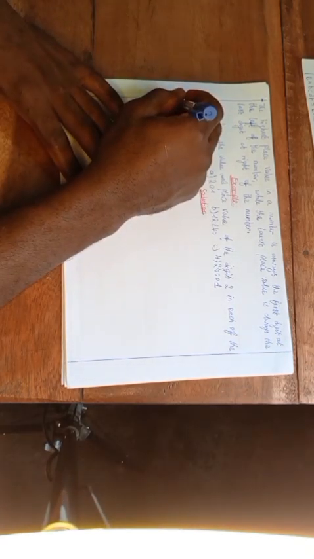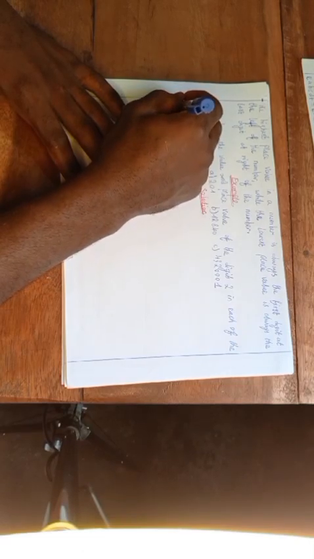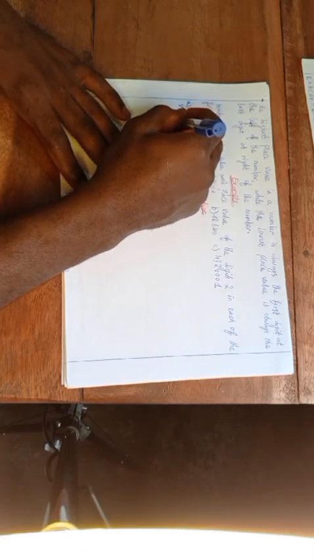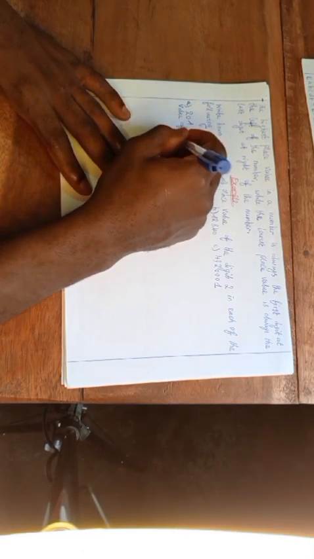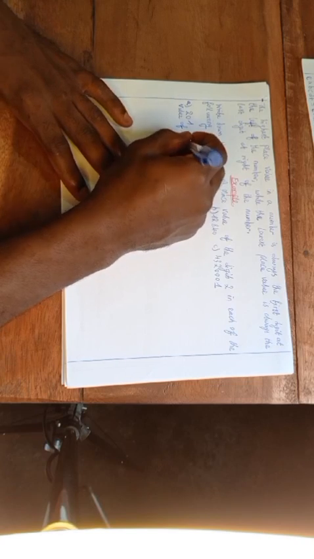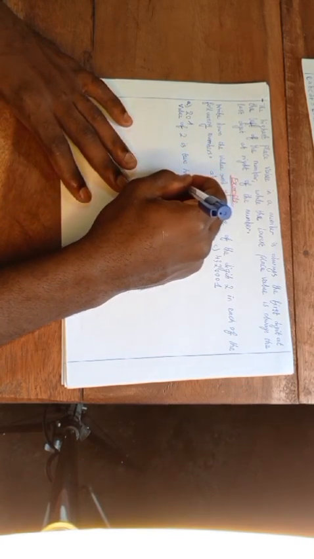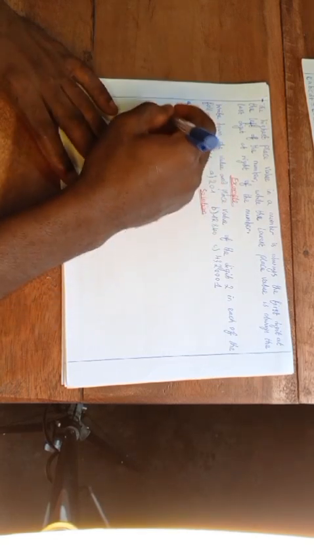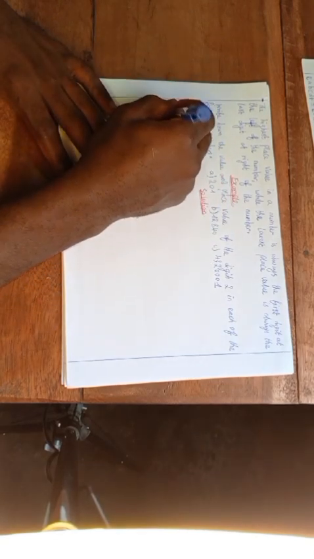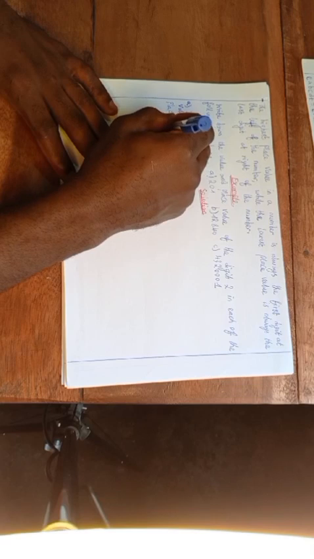So we are going to replace the digit 1 with 0. If we read that number now, it gives us 200. So the value of 2 in that number is 200.